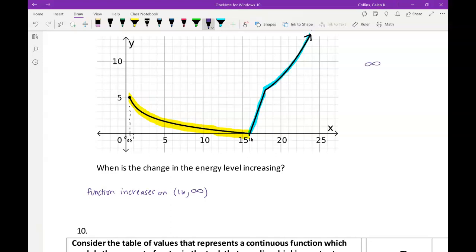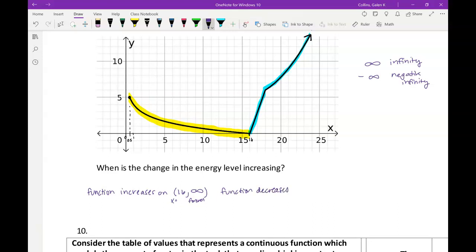The infinity symbol looks like a sideways 8, and I am terrible at drawing it. Half the time I do it, it turns into looking like an 8. But this means from x equals 16 on forever in the positive direction, positive infinity. If I go forever in the negative direction, I write a negative in front. So I would think of that as negative infinity if I see the infinity symbol with a negative sign in front.